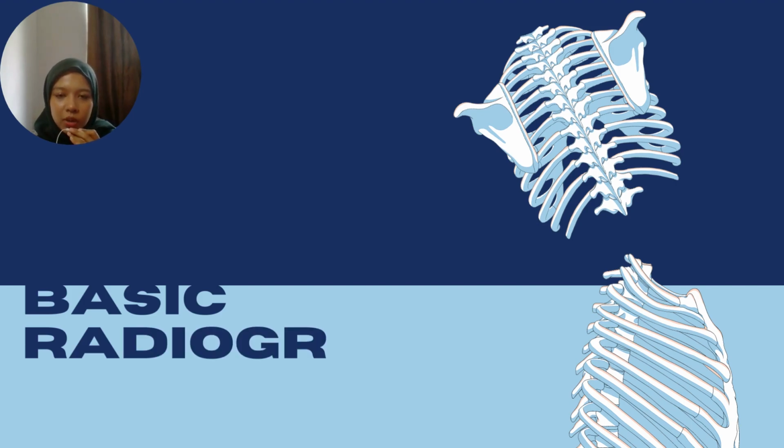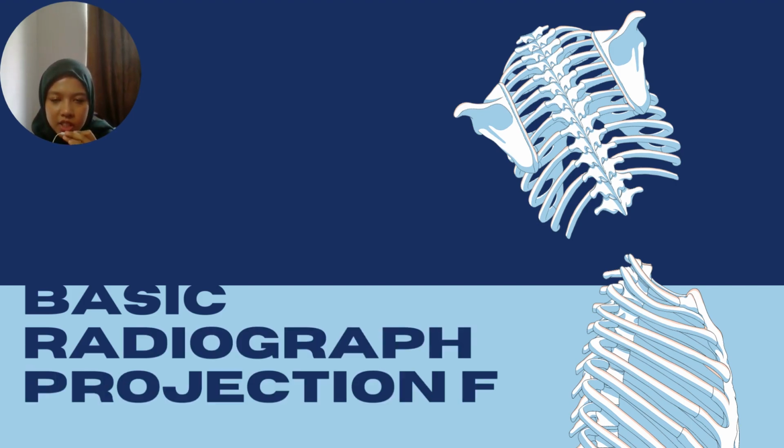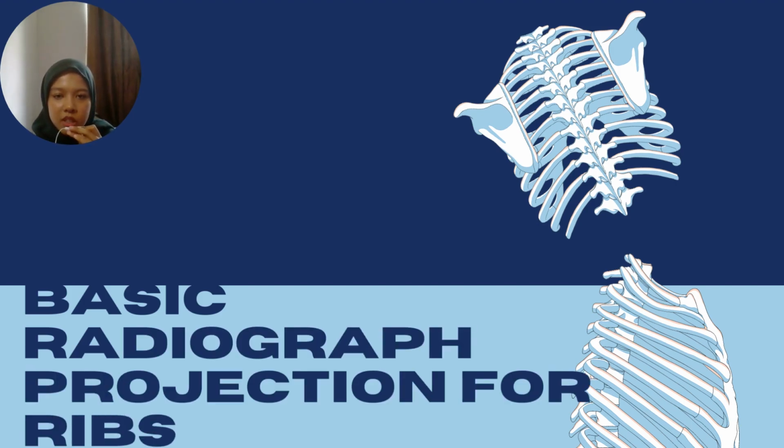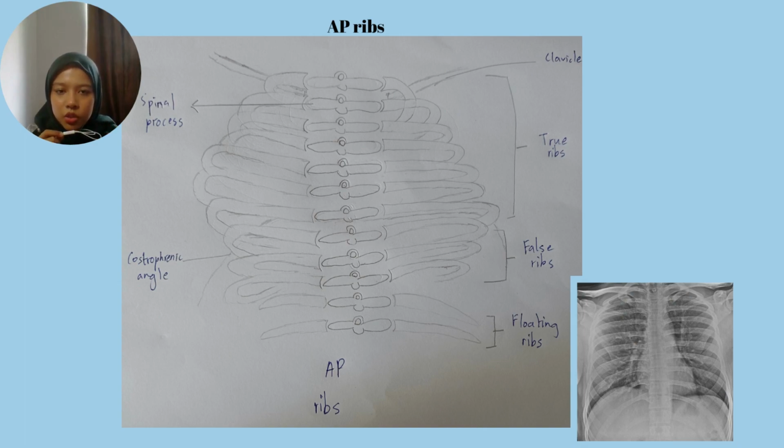So now we are on the last part of the presentation, which is the basic radiograph projection for the ribs. For the ribs, we have two projections which are basic to be done. Firstly is the AP ribs.